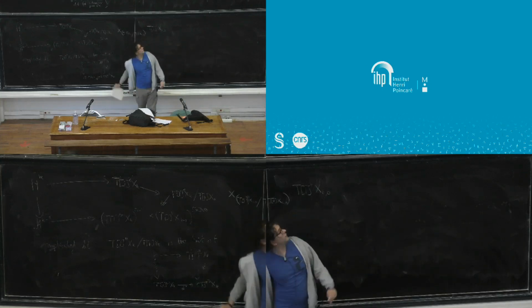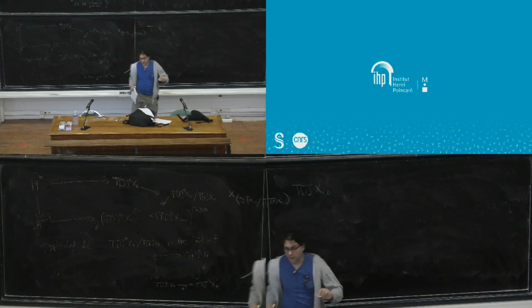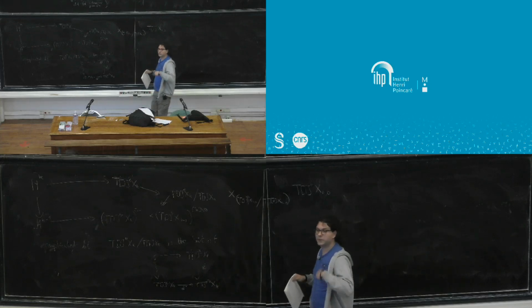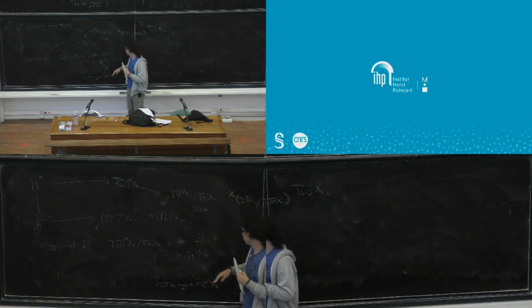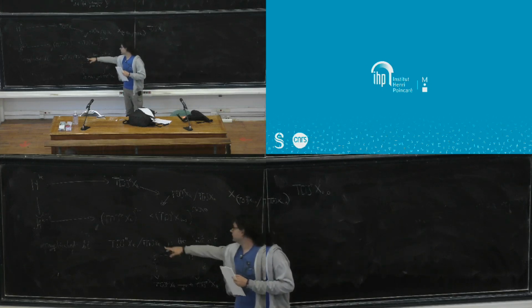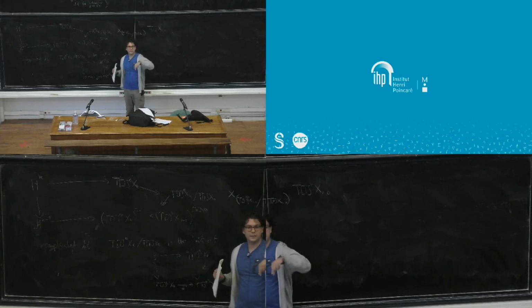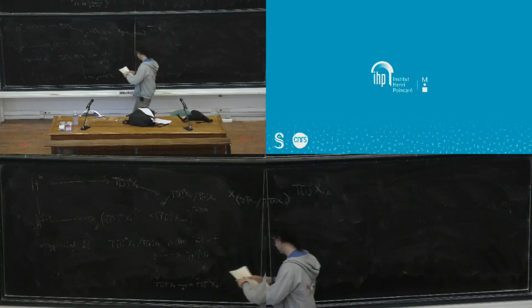Now I'm using the result, which is unfortunately erased, about splitting T1 of graded manifolds, because we're now going to split T1^k X_k by using the same connection over and over again.